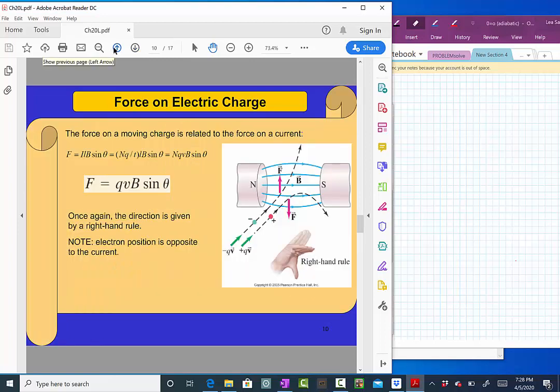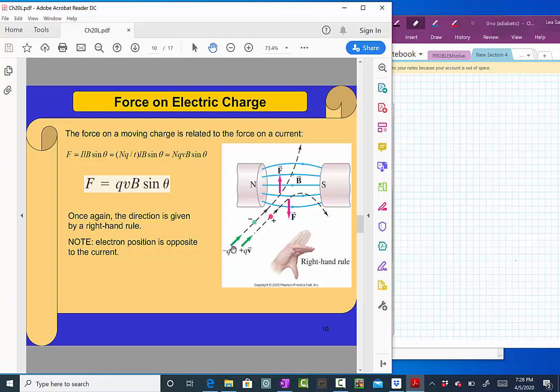The only difference now is that instead of having current, we have a single charge, so we point our four fingers in the direction of the velocity of this charge. Now, we could choose to throw a negative charge instead. What do we do if we throw a negative charge with a certain velocity v?